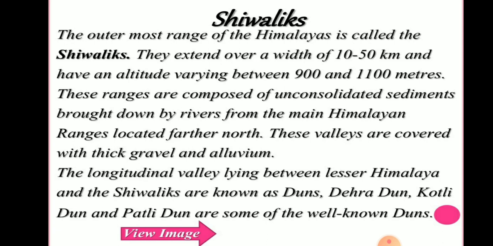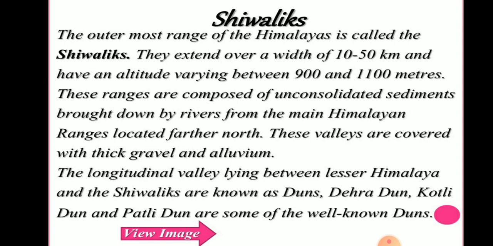These ranges are composed of unconsolidated sediments brought down by rivers from the main Himalayan ranges located farther north. These valleys are covered with thick gravel and alluvium, so the rocks are also different.